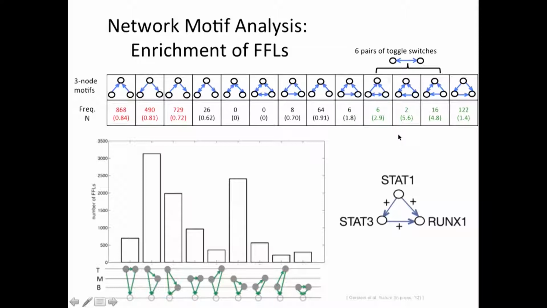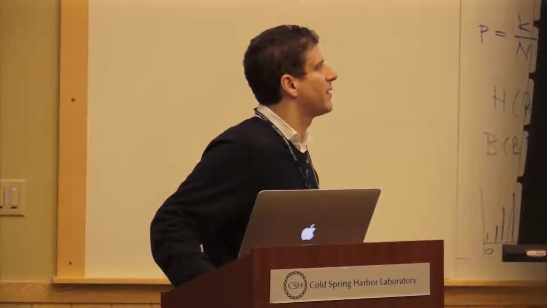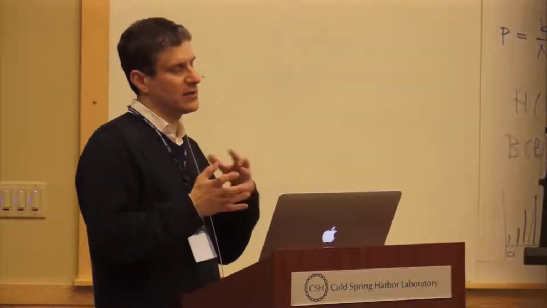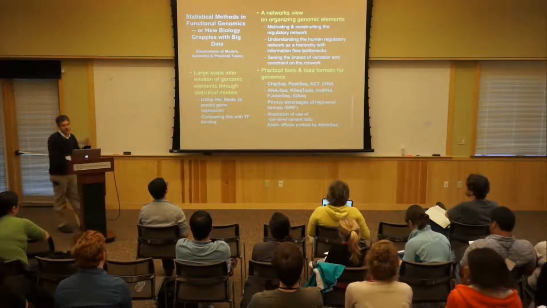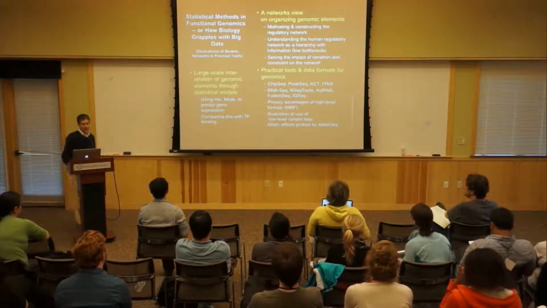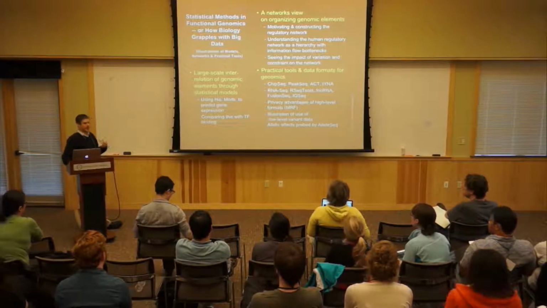People have ideas about why you might see a lot of feed-forward loops in the transcription factor regulatory network, and some of those ideas have to do with this motif being associated with noise buffering or certain signal characteristics.